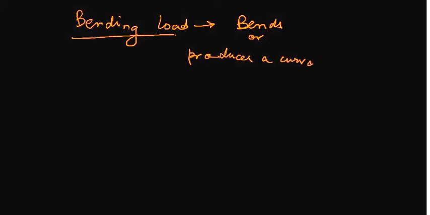Let us just visualize this kind of a load by drawing a small beam. This is a small beam. Let me support it at this end, and let's load it at the middle.